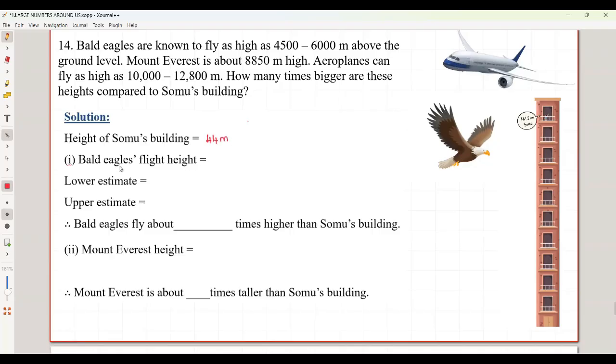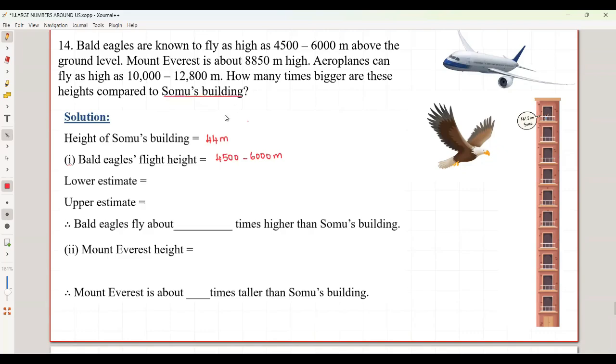Here the bald eagle's flight height is given as 4,500 to 6,000 meters. As they have given two values, you will be getting two answers. If you take 4,500, you get one answer, and with 6,000 you get one more answer, the lower and upper estimates.